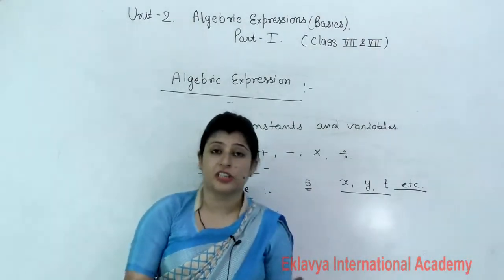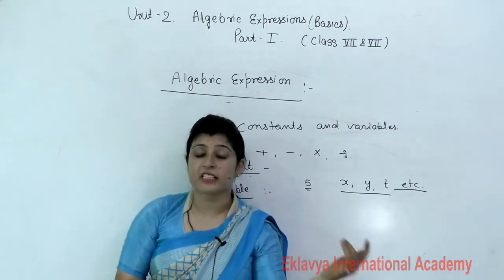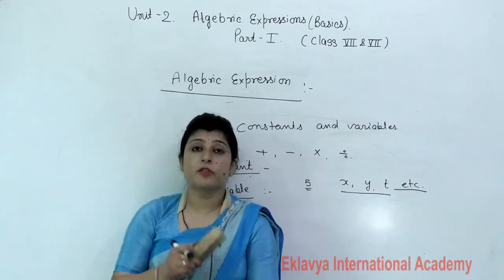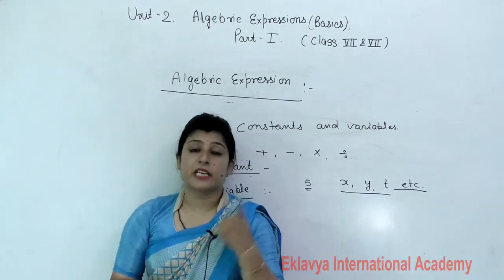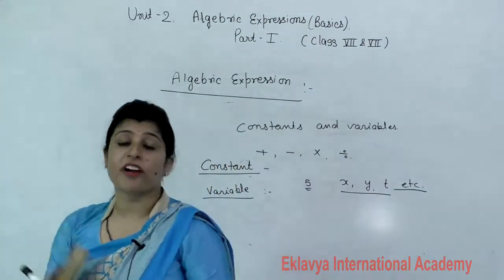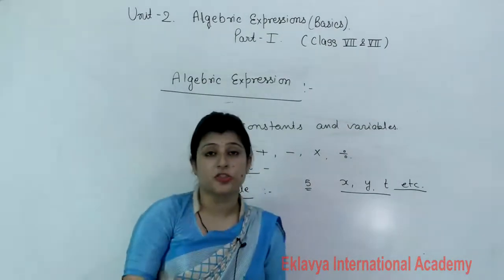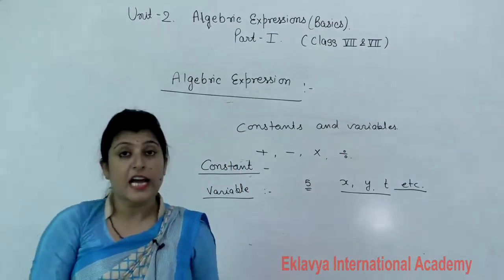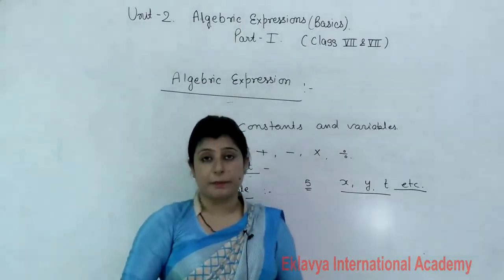When you solve a question, sometimes you find the value of x is equal to 4, sometimes 5, sometimes 10. So the value of the unknown variable changes according to the question. This is called a variable in algebra.